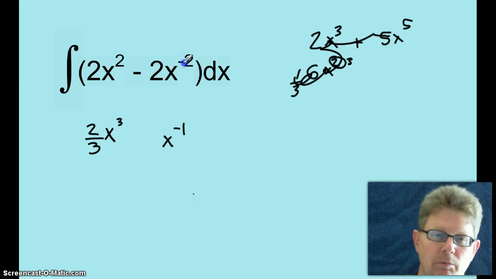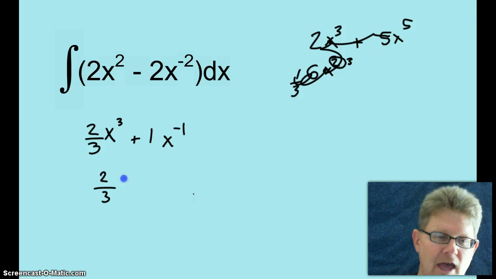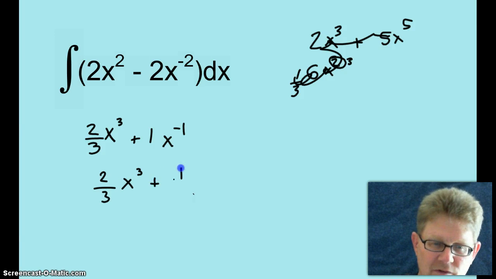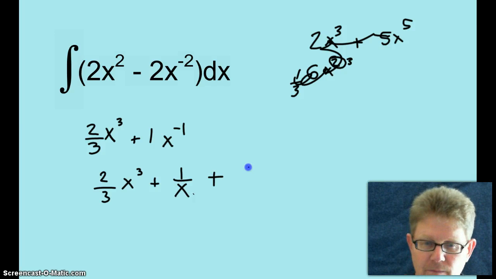And then we're going to multiply by the reciprocal. So that would be minus 2, but divided by negative 2, that would be plus 1. So 2/3 x cubed plus 1 over x plus c.